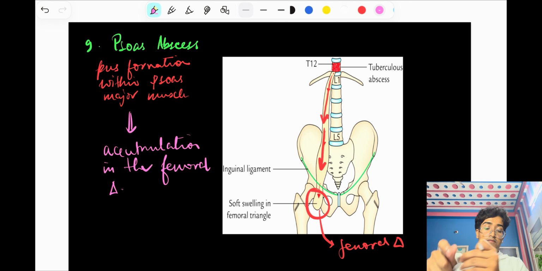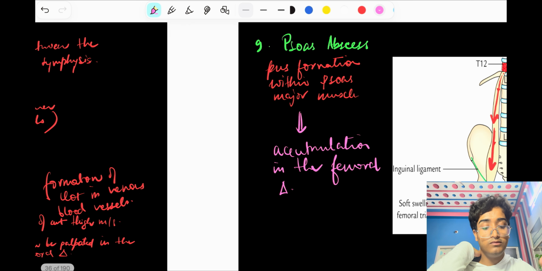You'll deal more with abscess in microbiology in second year MBBS, so stay tuned.